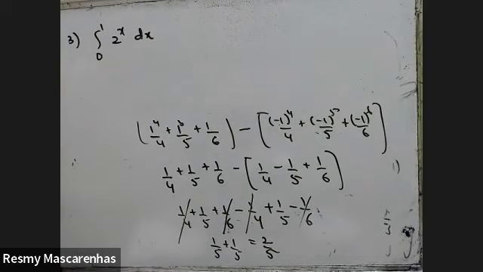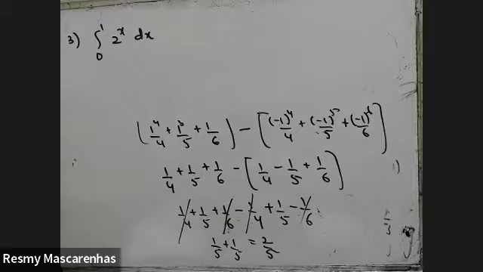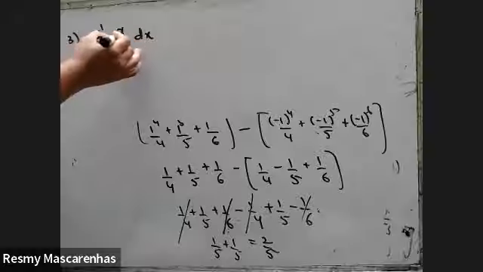2 raised to x. Can anyone tell me what is the answer of this integral? What is the integral of 2 raised to x? Yes, it is in the form of a raised to x.